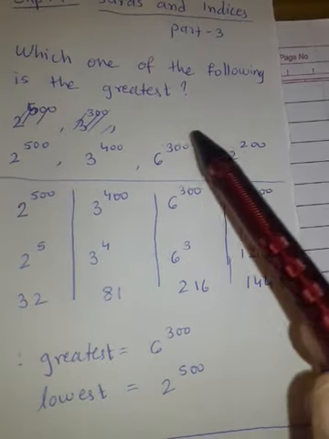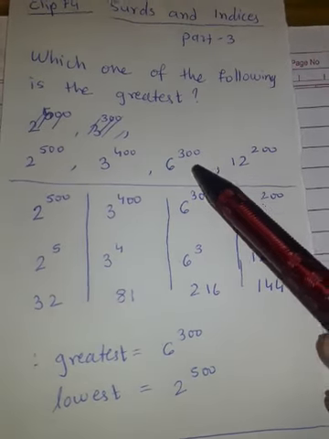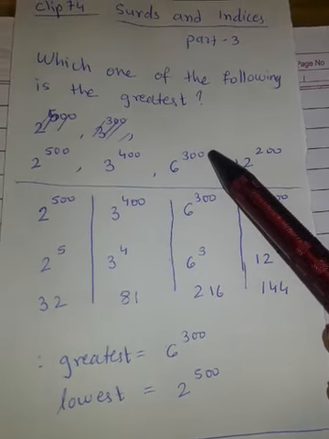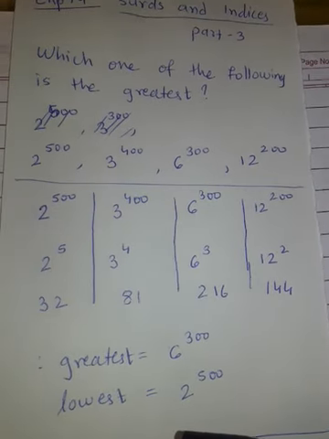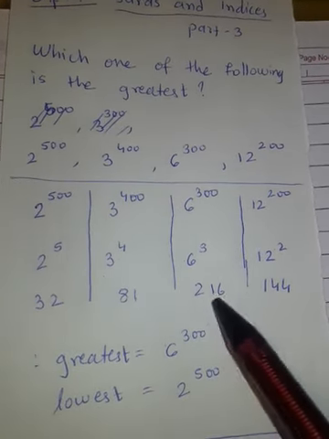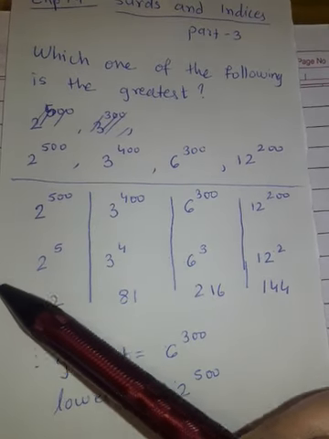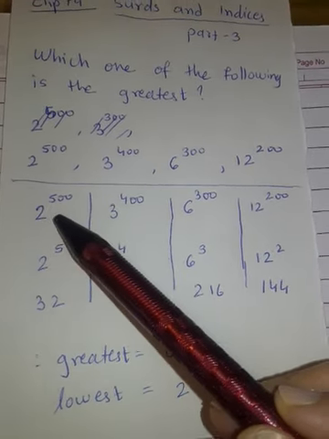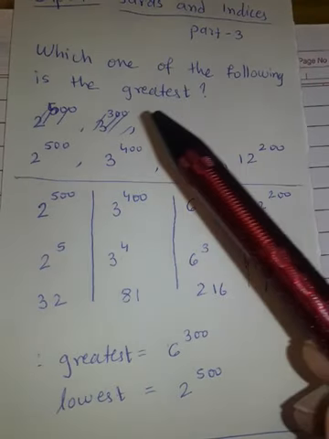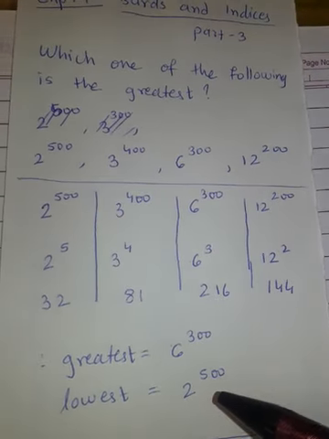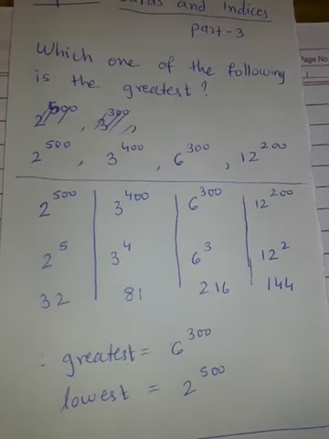So among these four, 6 raised to 300 will be the greatest. And which one will be smallest? 32 is smallest, which pertains to 2 raised to 500. That means among these four, 2 raised to 500 is the lowest.